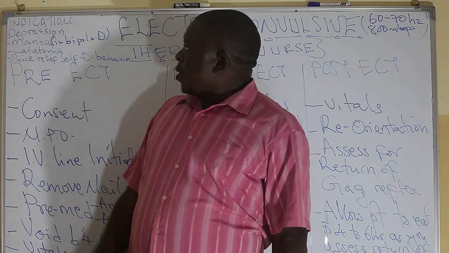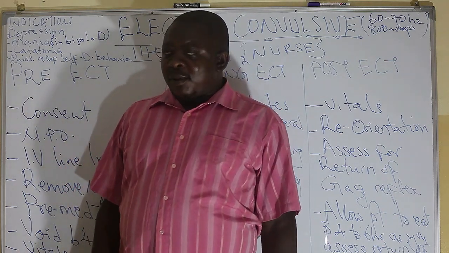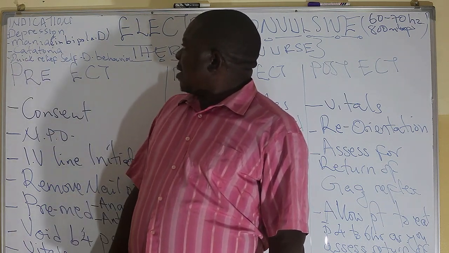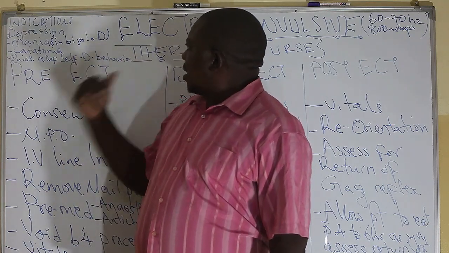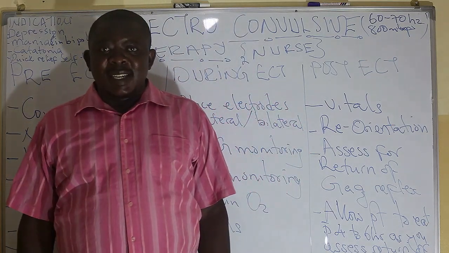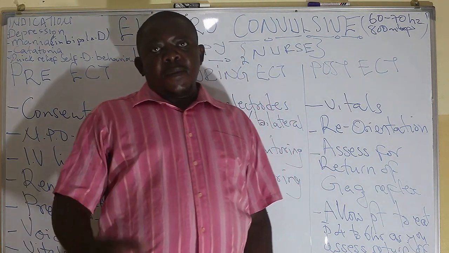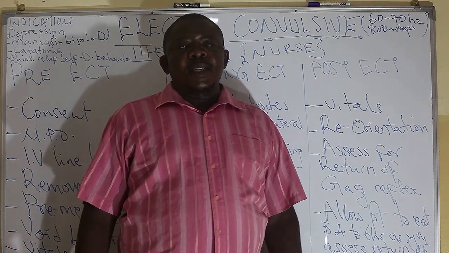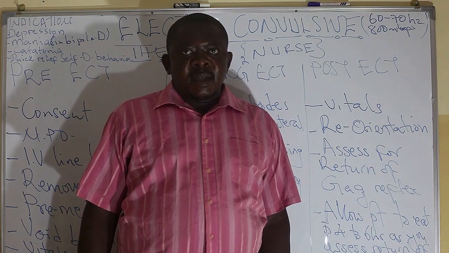In catatonia we also use it, and also for quick relief in self-destructive behavior, or we can say in parasuicide. For patients that want to kill themselves, you may use it for quick relief, so that the patient does not end up taking their life.